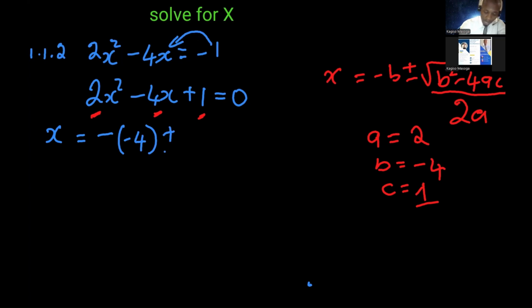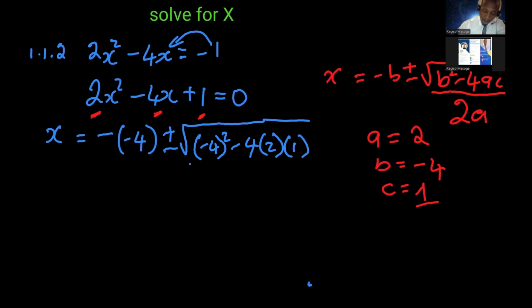Plus or minus the square root of minus 4 squared minus 4 times 2 times 1, and all divided by 2 times 2.